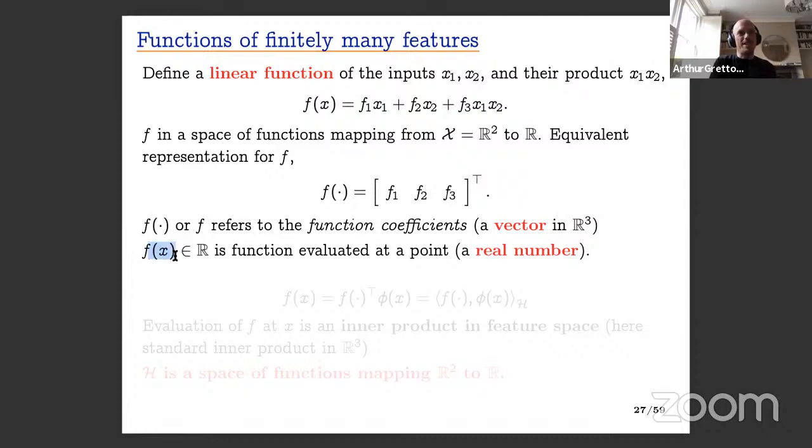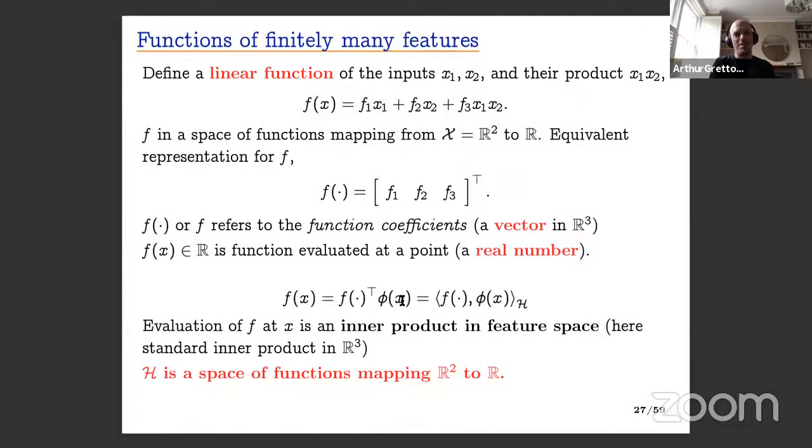When I write f of x, that means I've taken my function and evaluated it at a point x. So in this case, when I evaluate my function at a point x, I get out a real number. I've just taken my f, taken the dot product with my features of x, and I'm going to be able to write it like this: f dot, which is the vector of coefficients, and then features of x.